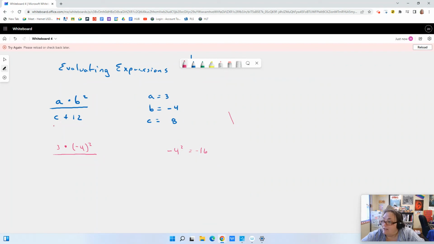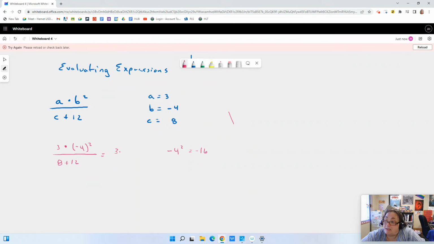All right. C, we have 8 plus 12. And now we're just going to use our order of operations. It says to deal with our groupings first. The only grouping I have is what's on top here and what's on the bottom here. Those are my groupings. I can't really deal with this grouping though until I've done the squaring, right?